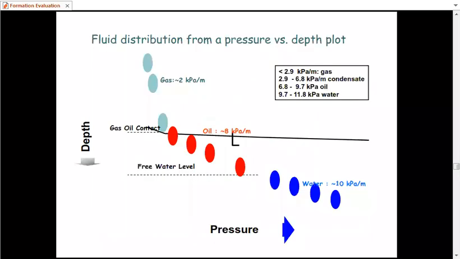So the fluid distribution from a pressure versus depth plot will give you great information about the gas oil contact, free water level or oil water contact, and the water gradient and oil gradient values, and also the gas gradient value.